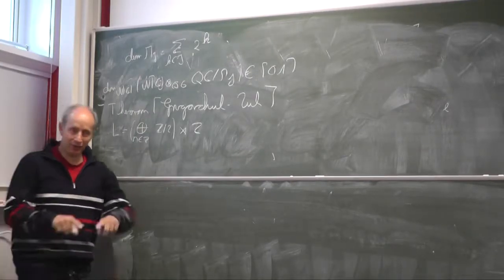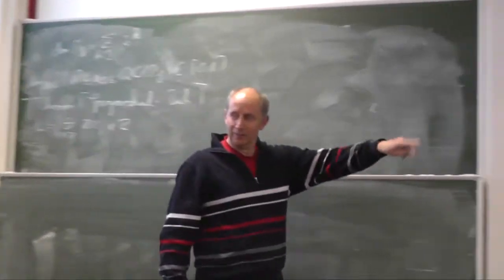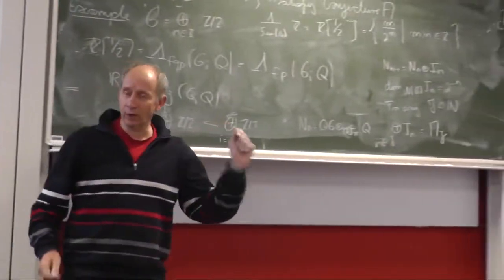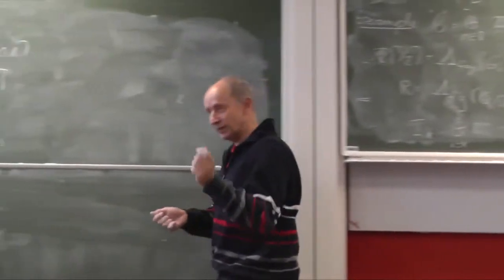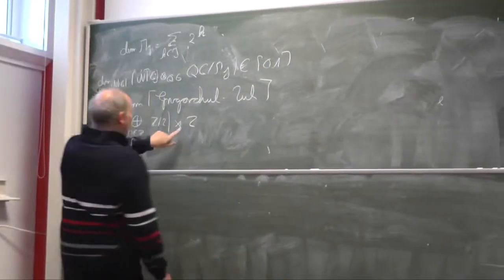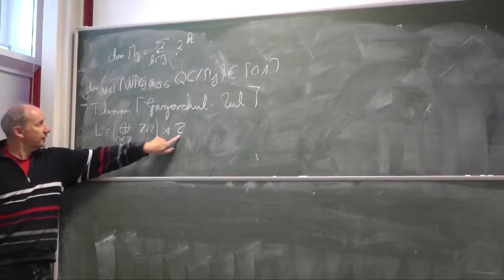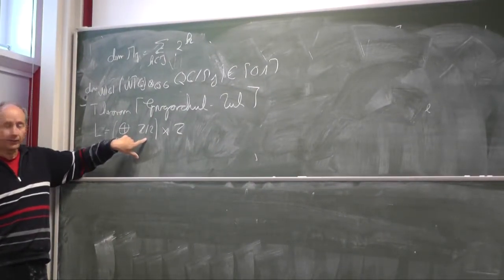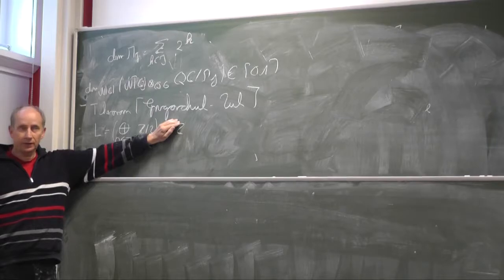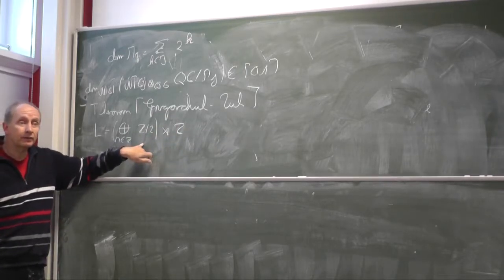Yeah, exactly. The 2 means on or off, and then the lamplighter goes and switches. But what is the role of this Z here? The role is that this is now a finitely generated group. Without this, it's not finitely generated, but with the Z, it's finitely generated.